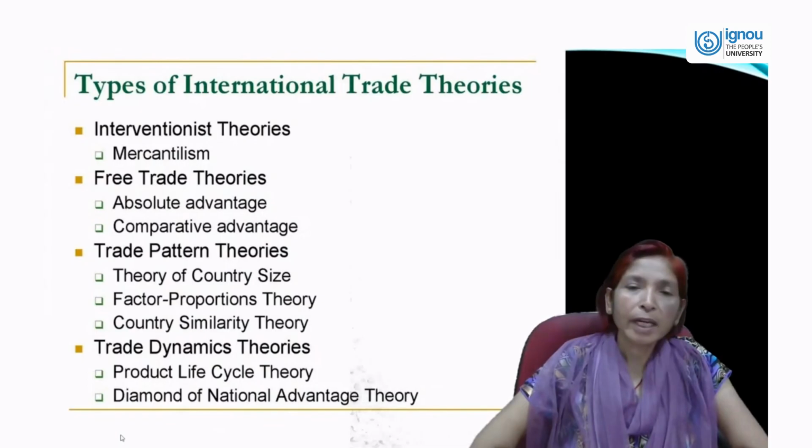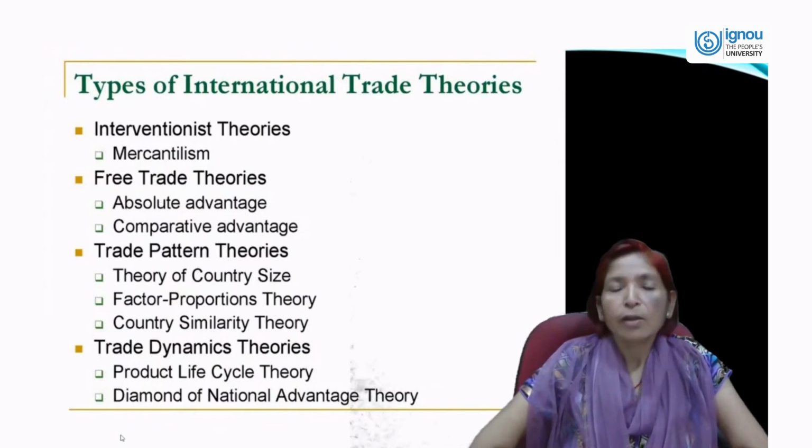Next is free trade theories, in which there is no restriction imposed by the government. If government intervention is less and the government is following a free trade policy, then we will study absolute advantage and comparative advantage theory.